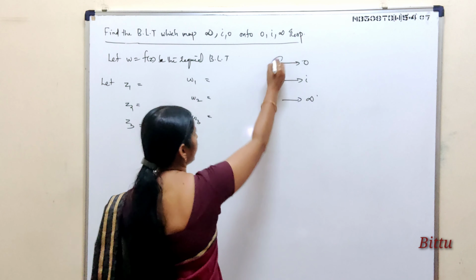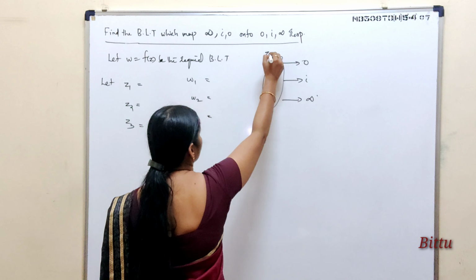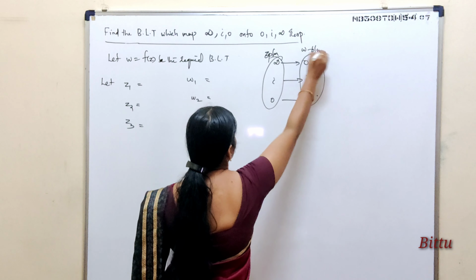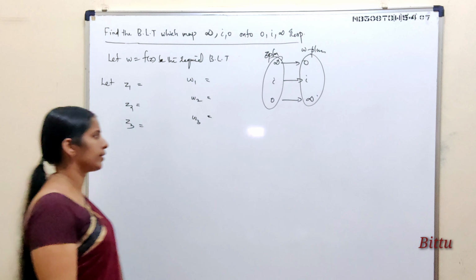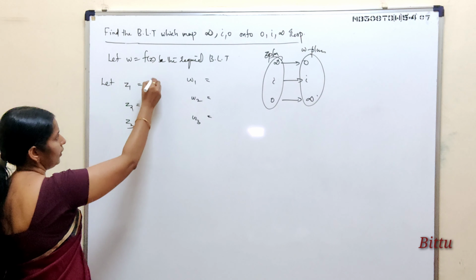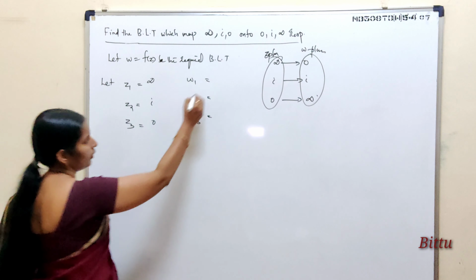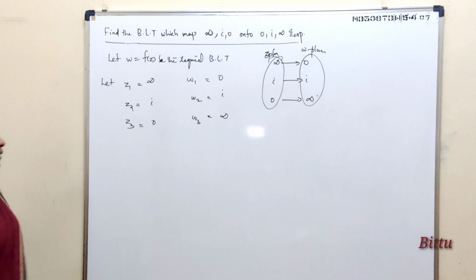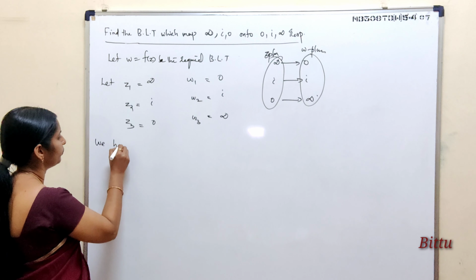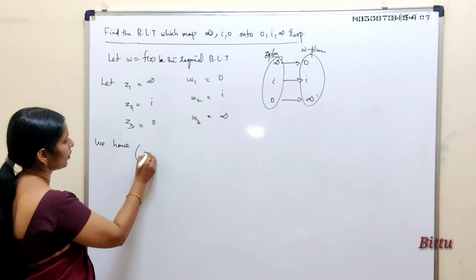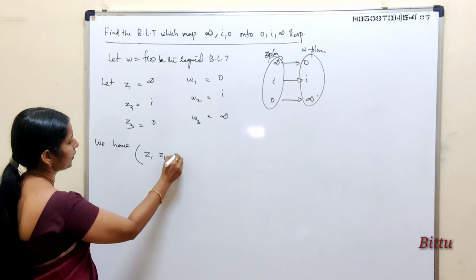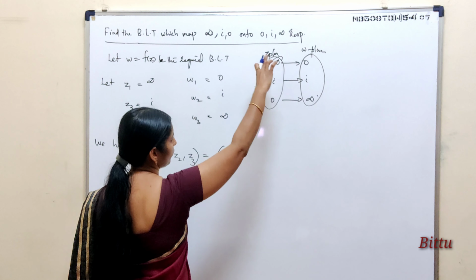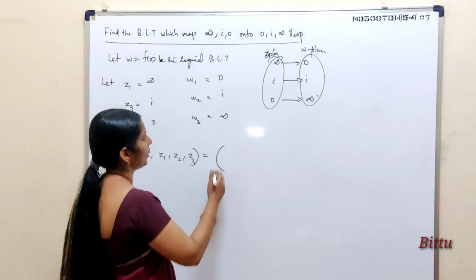See, these are the points in the z plane and these are in the omega plane. So you keep these points as z1, z2, z3: infinity, i, 0; and omega 1, omega 2, omega 3: 0, i, infinity. Next we have cross ratio of z, z1, z2, z3 is same as the cross ratio of omega, omega 1, omega 2, omega 3. See, cross ratio of these 4 points and their images are same.